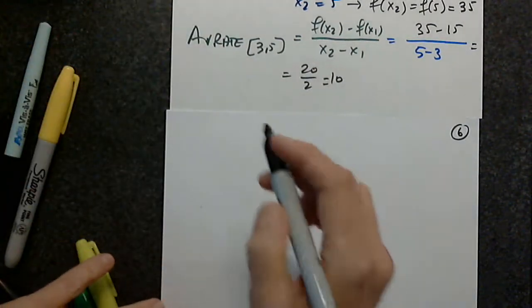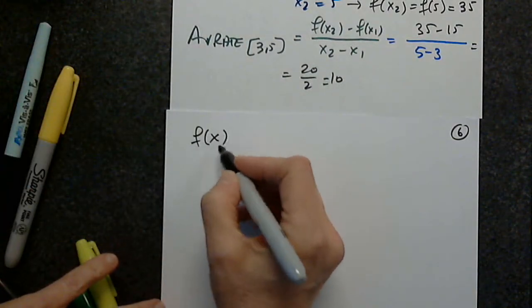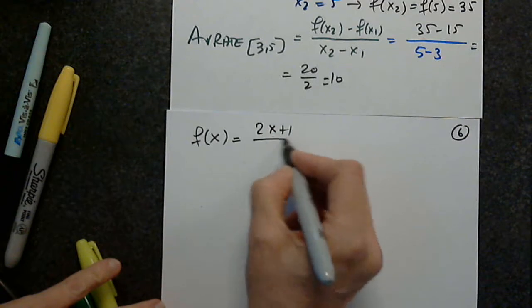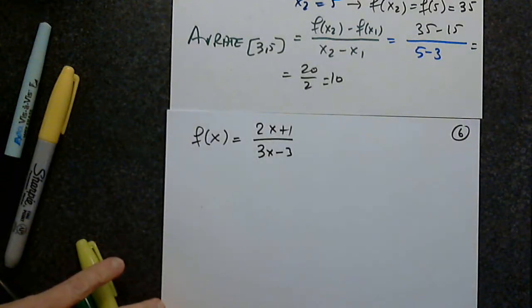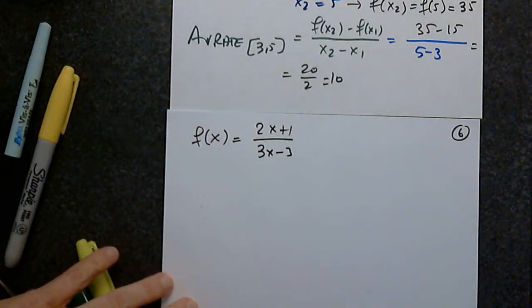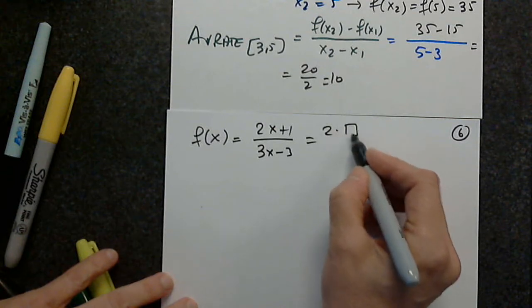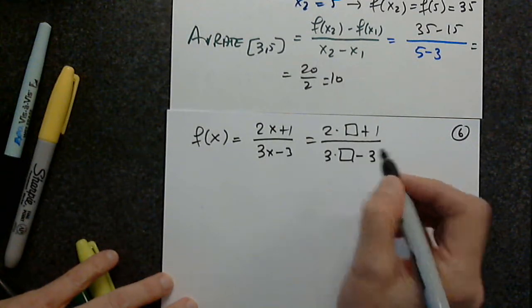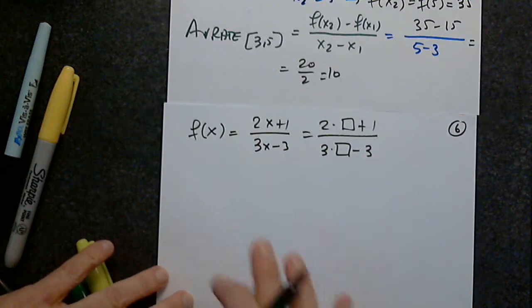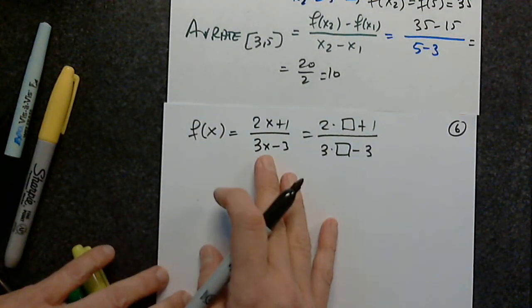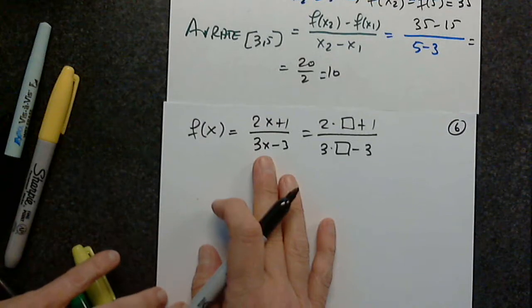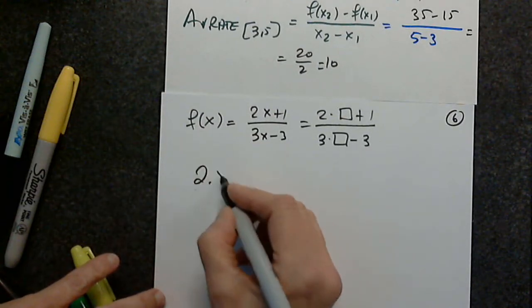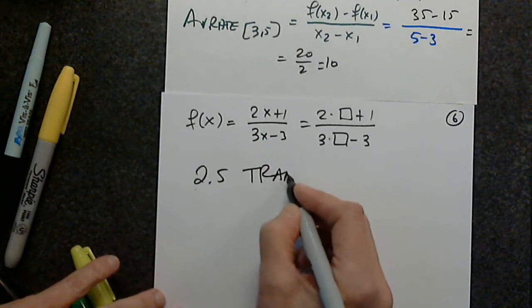For example, when we look at a function that is, let's say, 2x plus 1 over 3x minus 3, what does this mean? Well, it means 2 multiplied by whatever, plus 1, over 3 multiplied by whatever, minus 3. So it is very useful to be able to look at a function and understand the pattern. The same thing with section 2.5, which is called transformations.